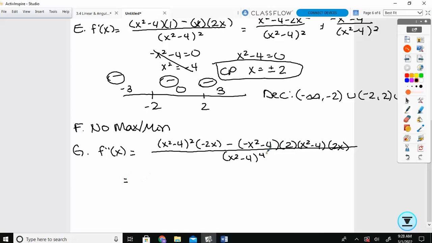What can we do here? So we need 2x cubed plus 8x. 2 times 2x is 4x. Can I distribute the negative 4x then through here? So that becomes plus 4x cubed plus 16x.